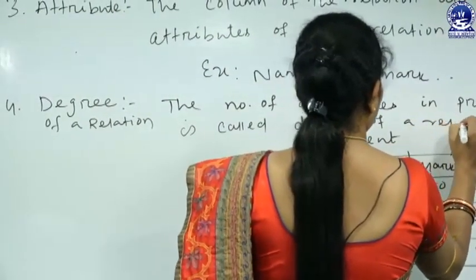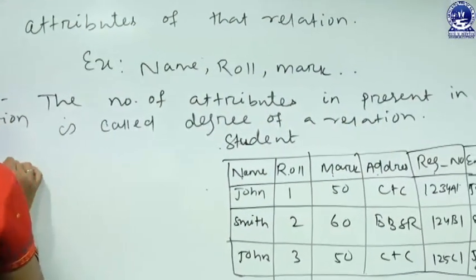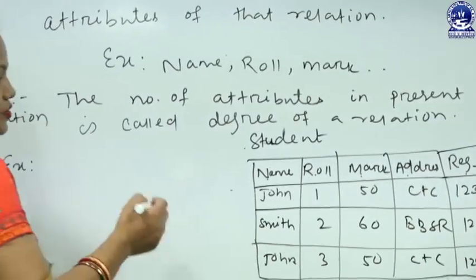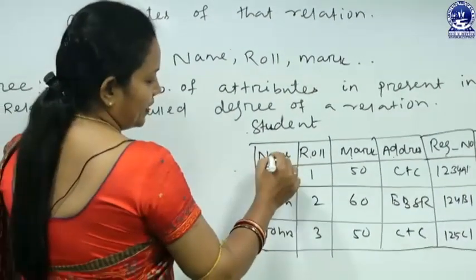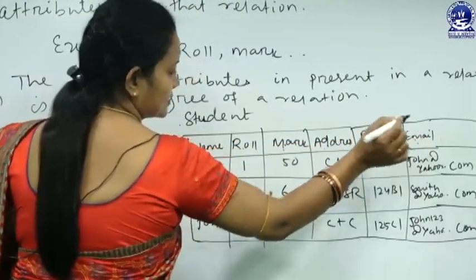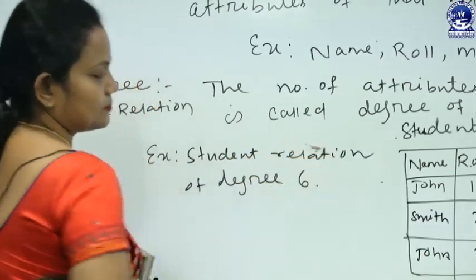So, in this student relation, the degree of student relation is the number of attributes, that is 1, 2, 3, 4, 5, 6. The student relation is of degree 6.